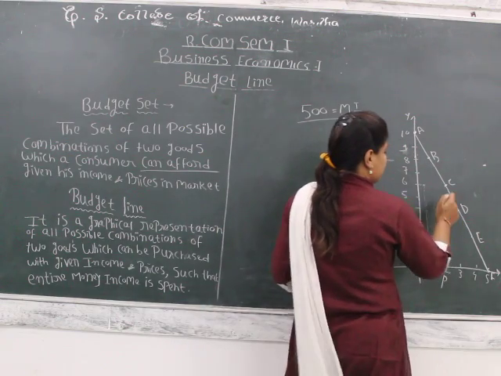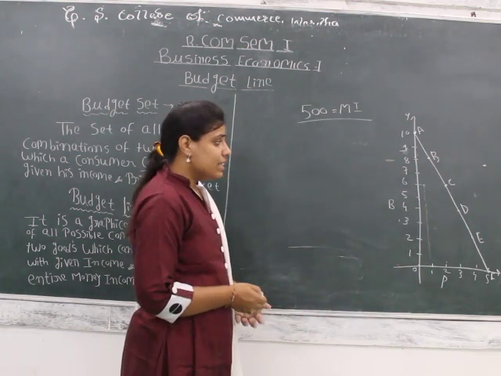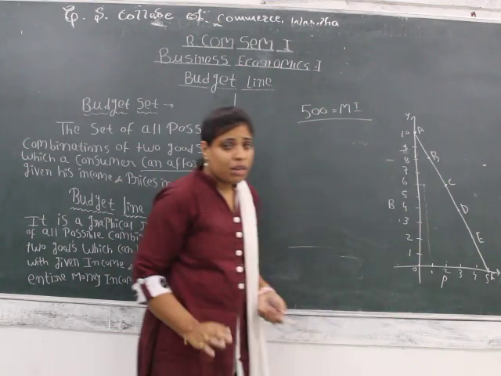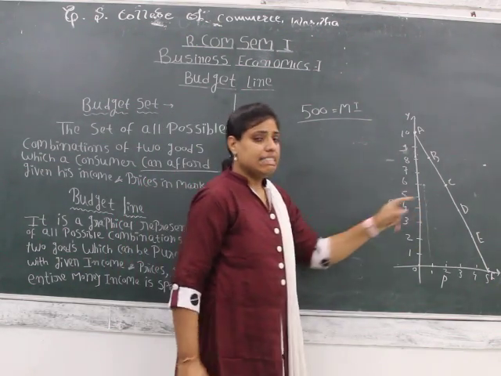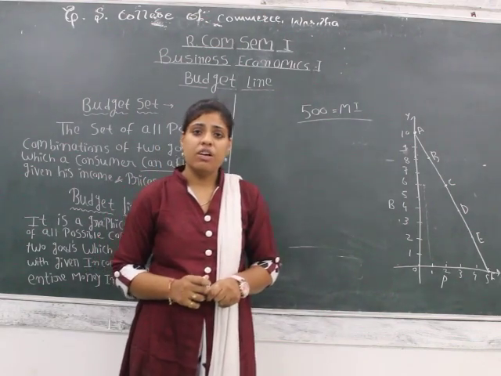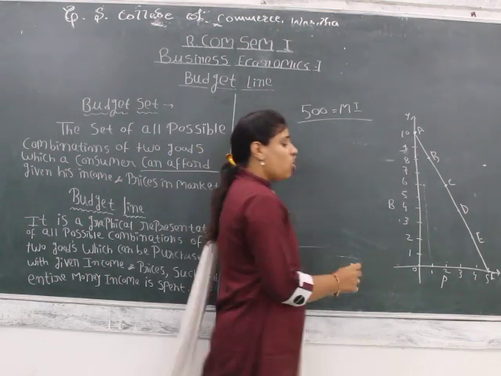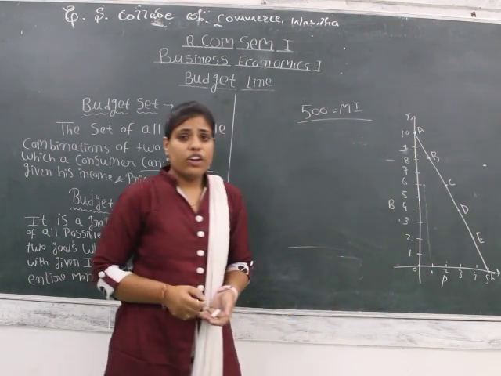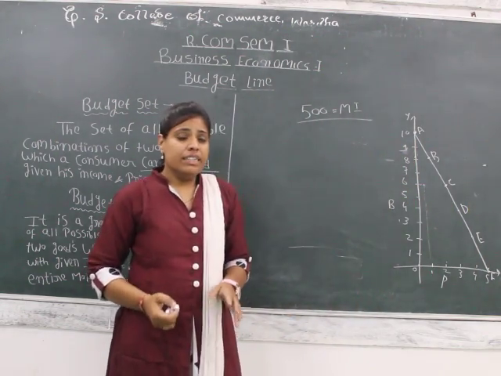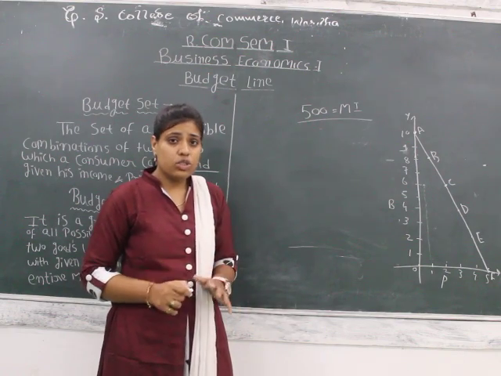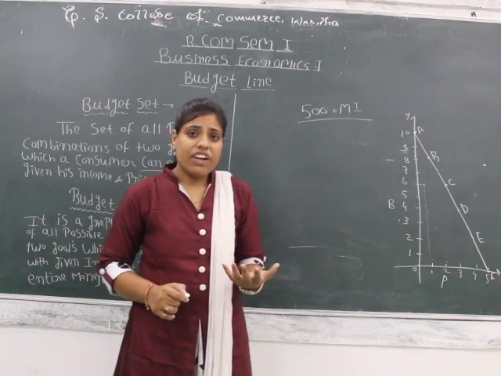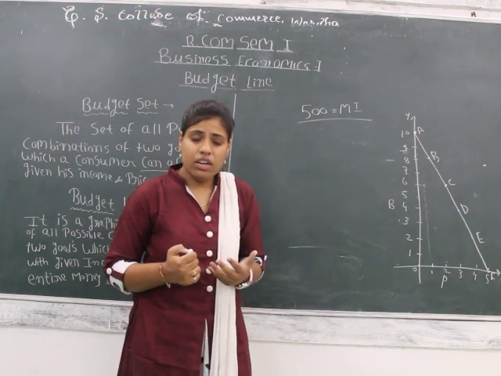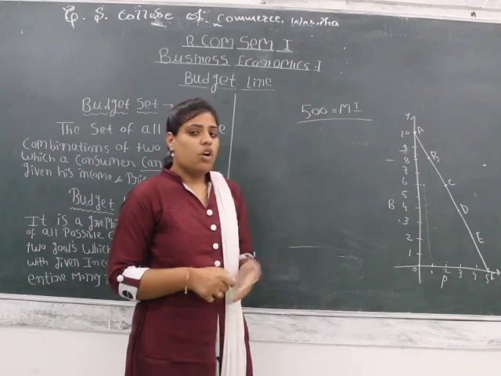Any combinations lying below the budget line are affordable or attainable by the consumer, but in this case the entire money income will not be spent. Any combination lying above the budget line cannot be bought by the consumer, because his money income is less than the expenditure required to attain that combination.